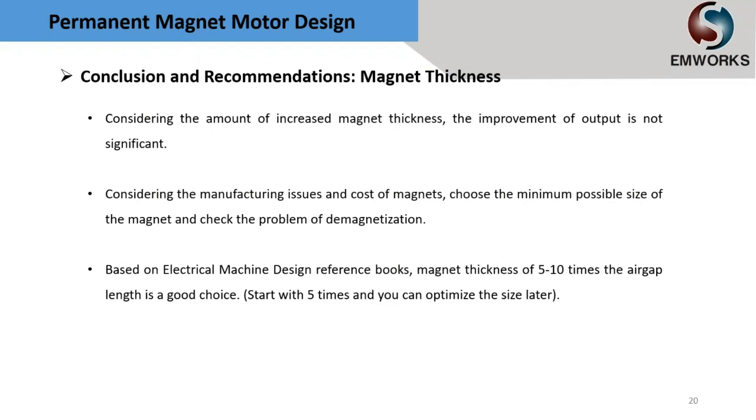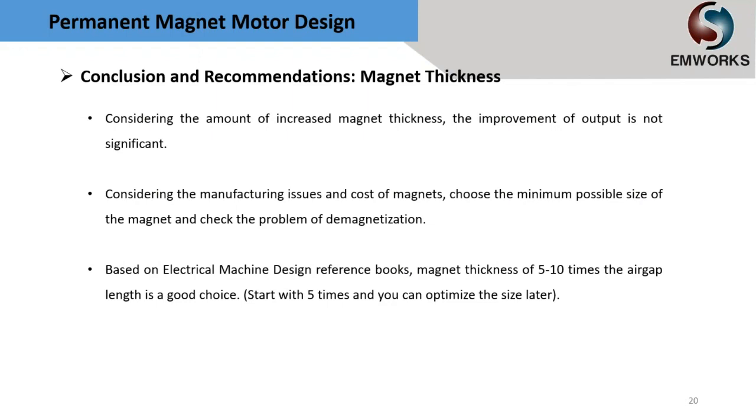Based on the result, it can be suggested to select the minimum magnet thickness as much as possible. If you go with the minimum one, go with the minimum. But you must choose the magnet thickness to avoid demagnetization during loading performance of the machine or when a fault happens.